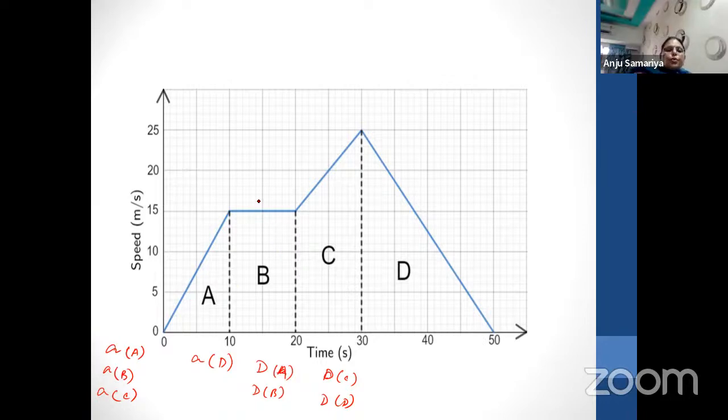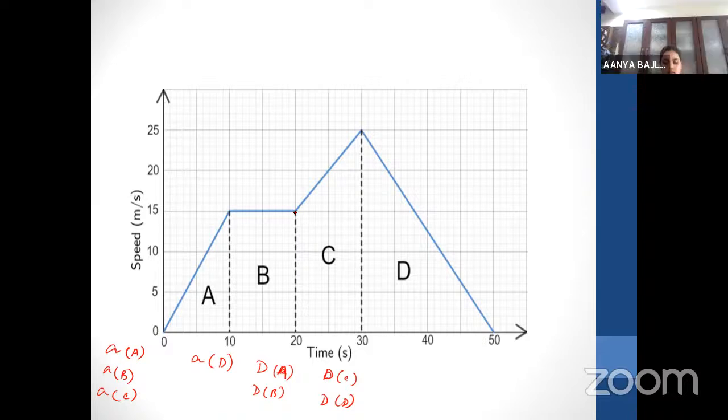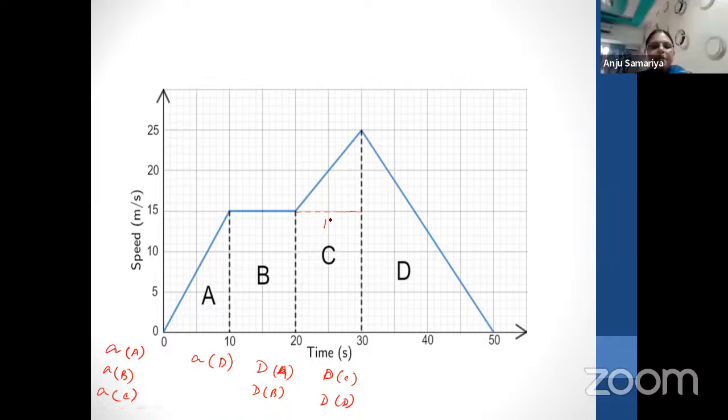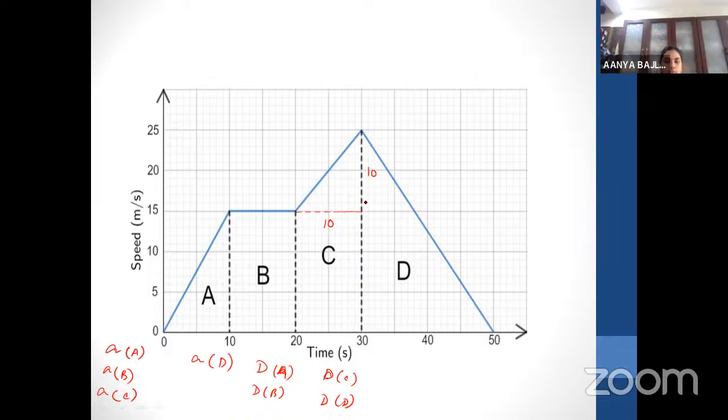Acceleration D is -5/4, no, C. Why minus? Because it will be 25 minus 15 upon 30 minus 2, so it will be 0. 25 minus 15 is 10, right? And the C is 0.